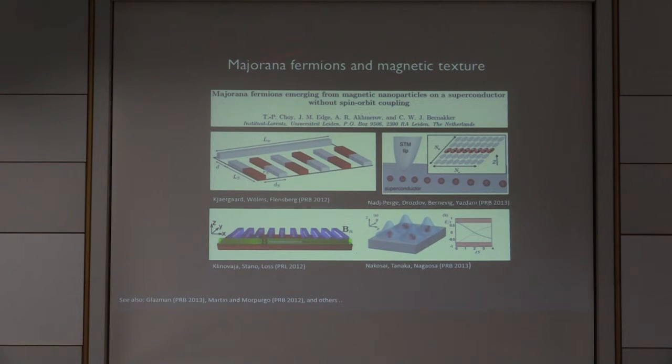This is just a quick slide to give you an overview of various groups who investigated similar situations, where you have either spin-orbit coupling combined with magnetism, or some kind of non-uniform magnetism in space, which can give you a topological band structure in the end.